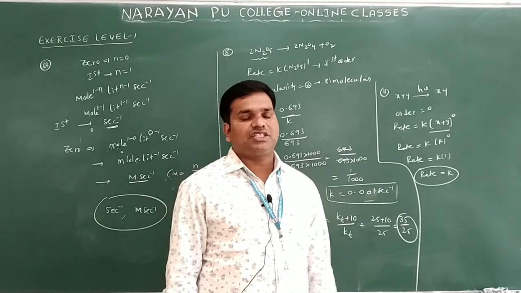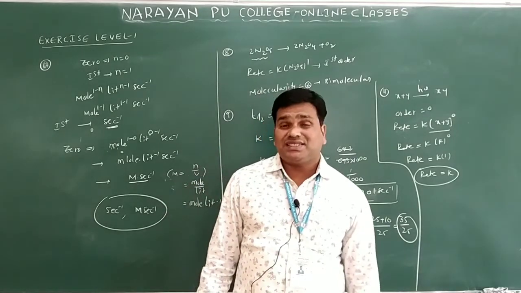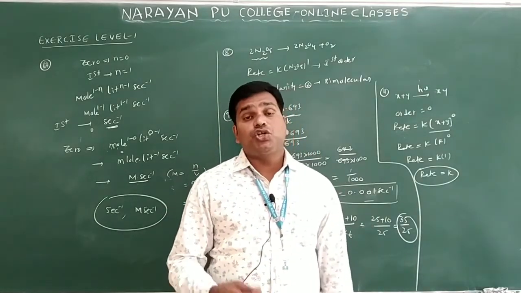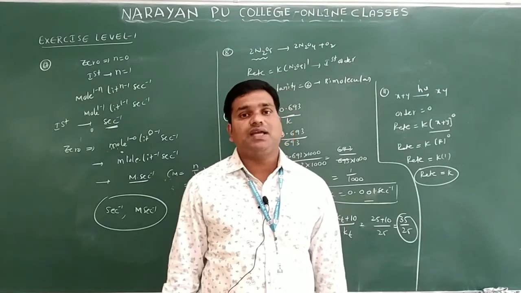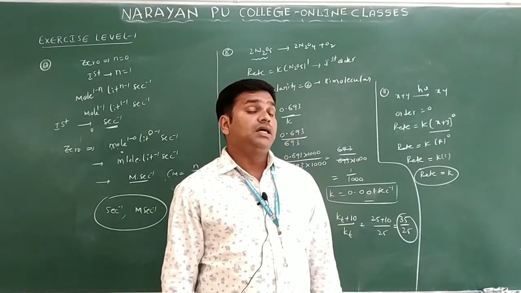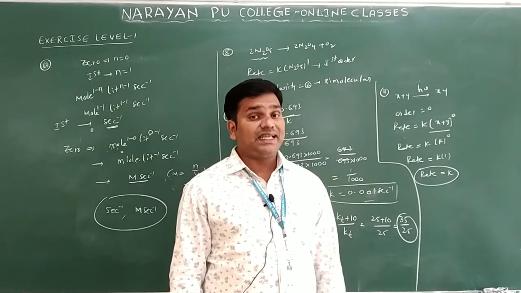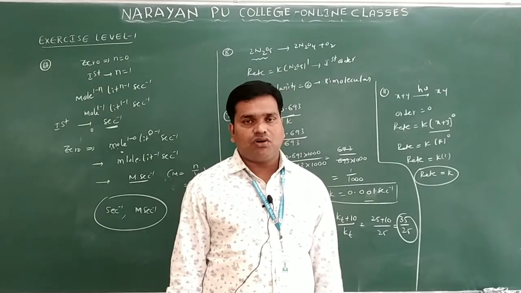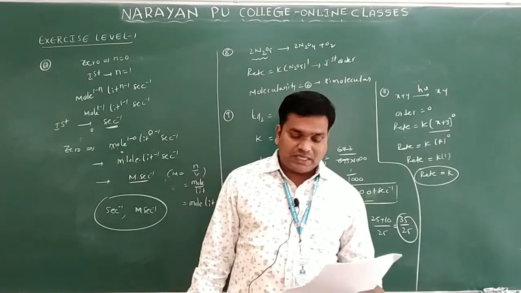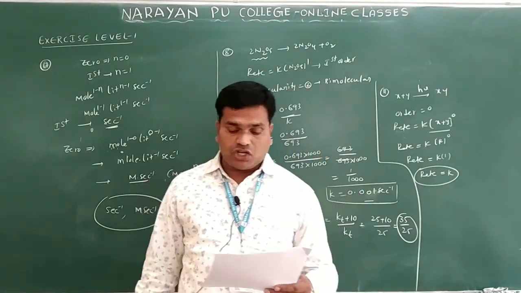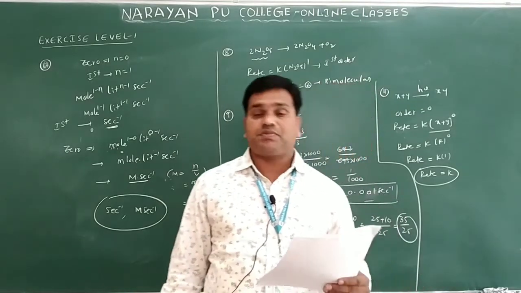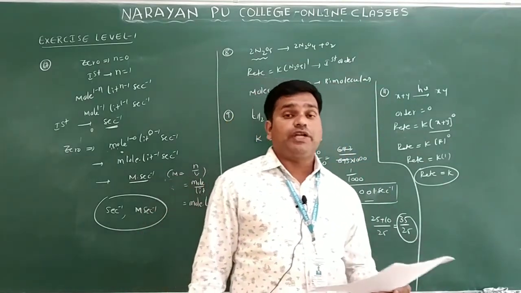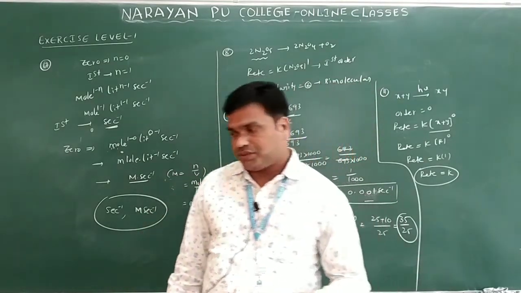What is a 0 order reaction? The rate of reaction is directly proportional to the 0th power of the concentration of the reactant, or we can say the rate of reaction is independent of the concentration of the reactant. That is what we call 0 order of the reaction. So the rate of reaction is independent of the concentration of the reacting species. You will take option 3 for this question.